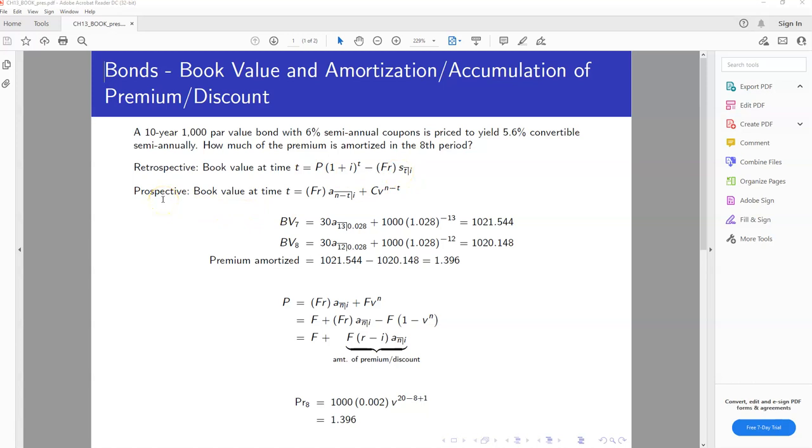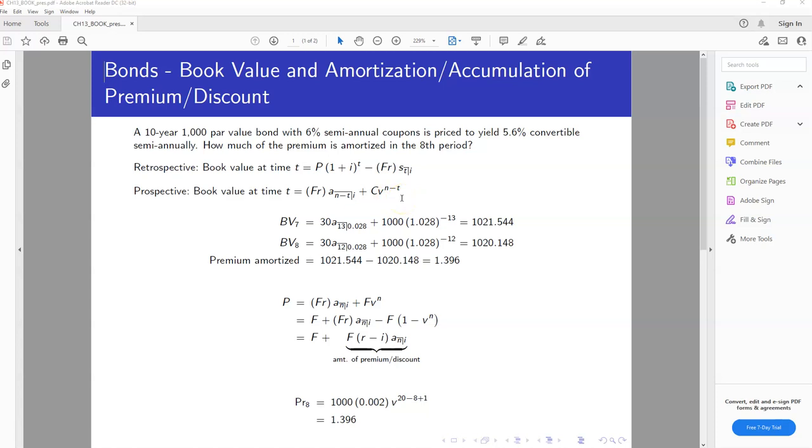Prospective method, or looking forward: we have n minus t payments remaining at time t. So we can look at the present value of those coupon payments at time t, plus the present value of the redemption value, moved back n minus t periods.